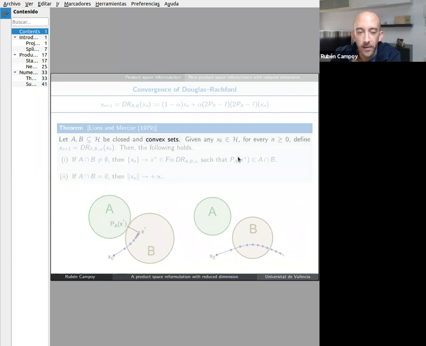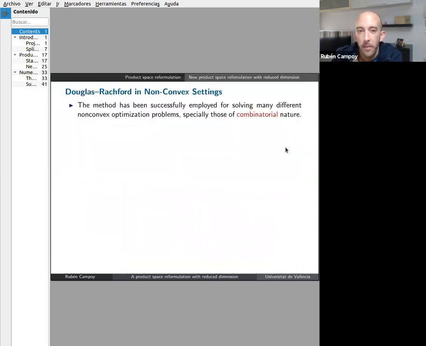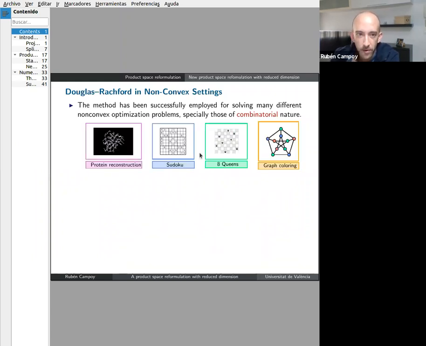Okay, so I said that for the convergence, we needed convex sets in the case of Douglas-Rachford. But it has also been employed in non-convex settings, for example, for reconstruction of proteins, Sudokus, and other puzzles. I will recover Sudokus later.